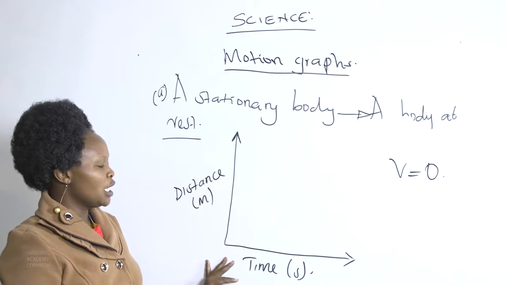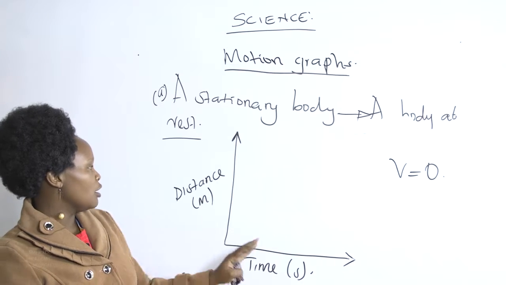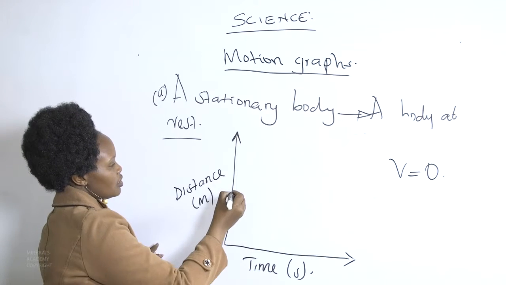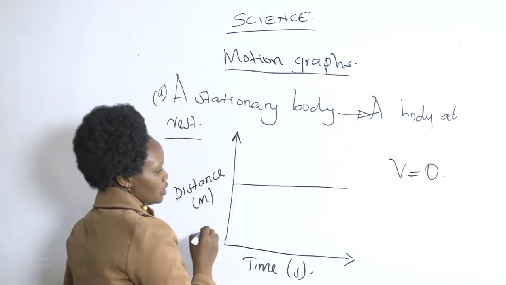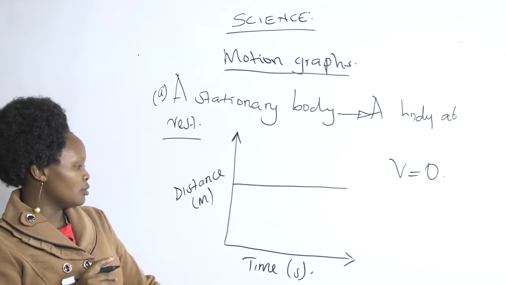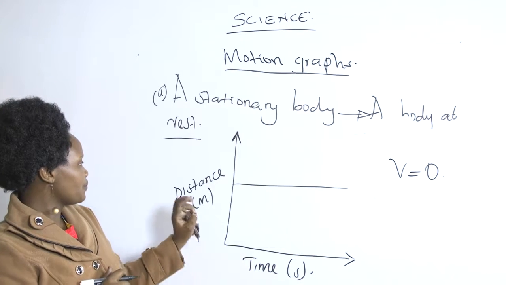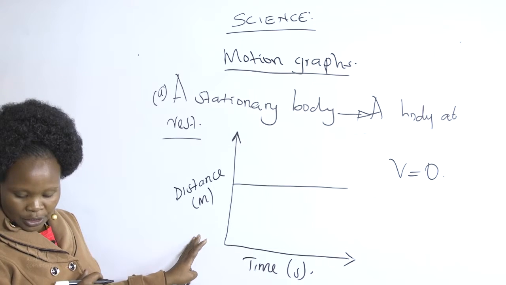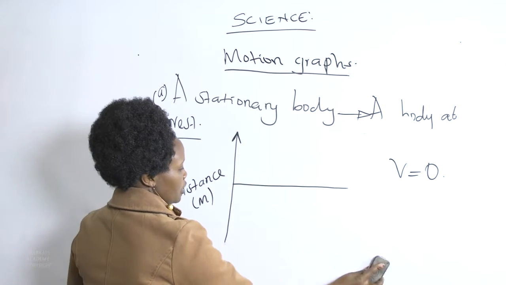We cannot stop time, though the distance is not changing, so this graph is going to be a straight line parallel to the x-axis. That shows that the distance of this body does not change though time passes on.